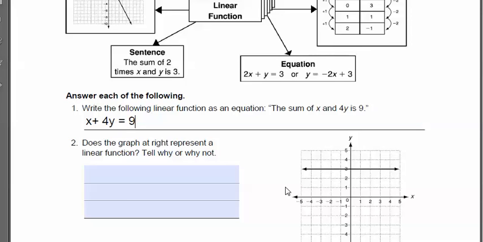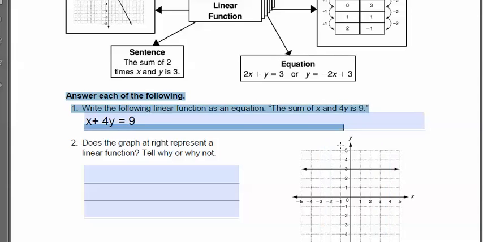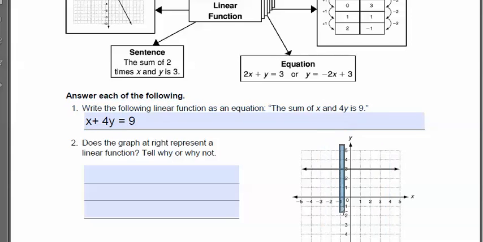Another way that you can tell if you have a function is called the vertical line test, and you learned about this in Chapter 4. A vertical line test means that if I were to take a straight up and down line and draw it through this, it would pass that graph once and only once. And I could do that anywhere on here, and I would still only hit that line one time.